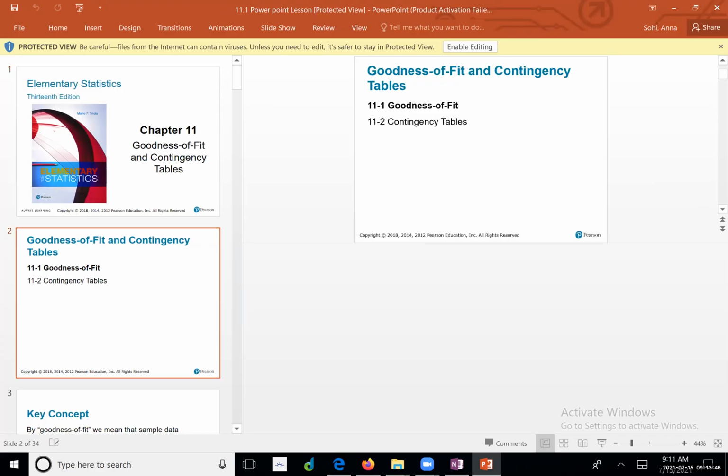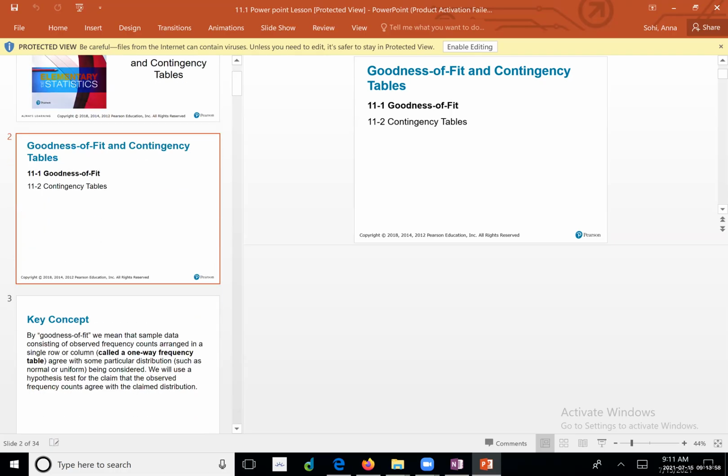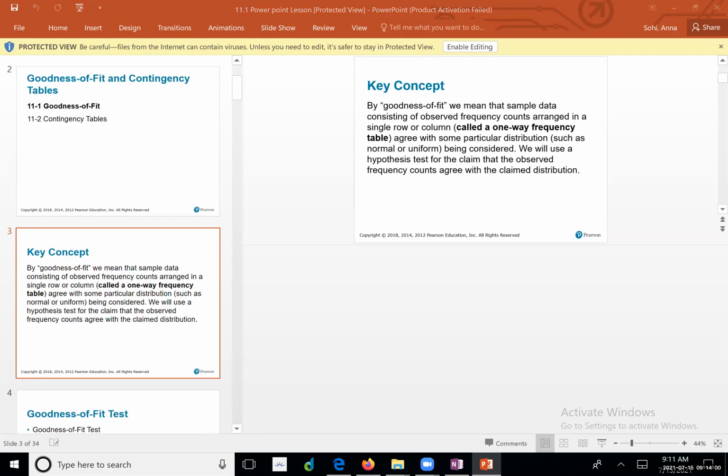So two things. Chapter 11 has only 2 sections, and we're gonna cover both today: goodness of fit and contingency tables. Let's look at this one.